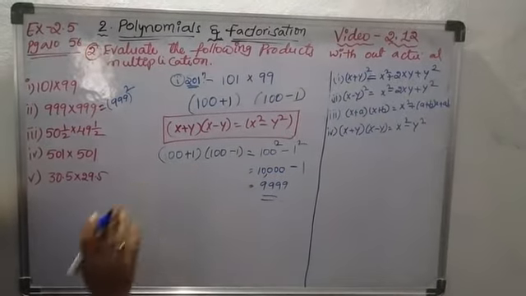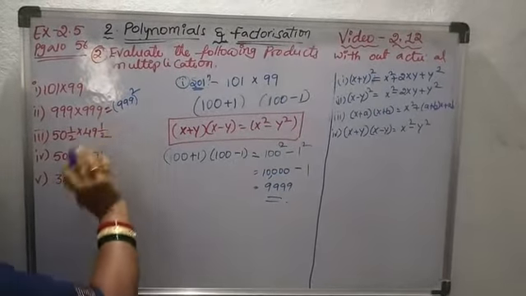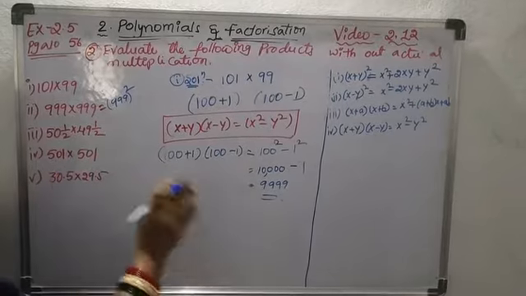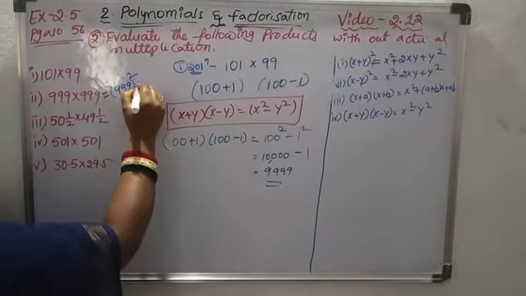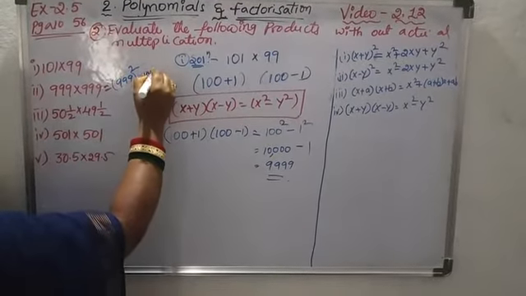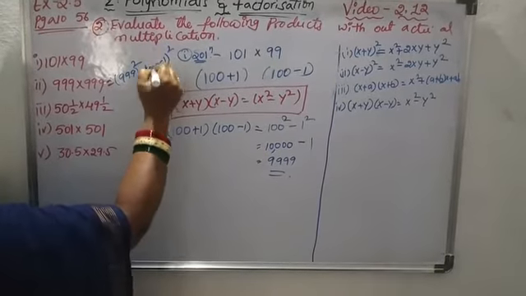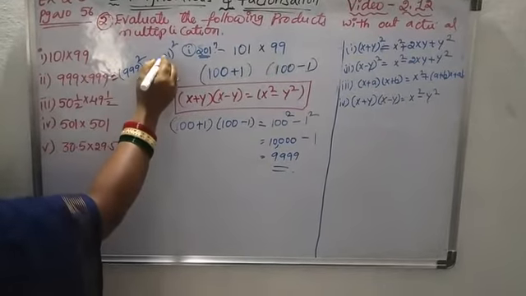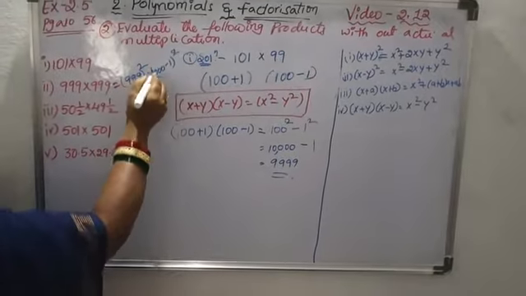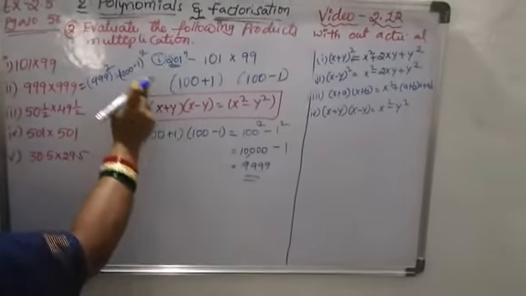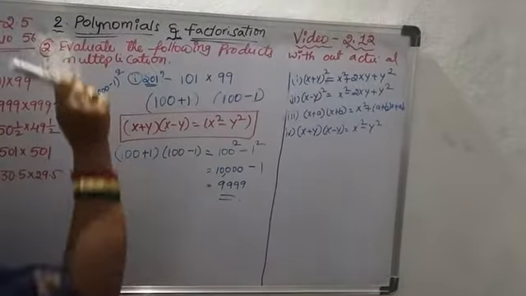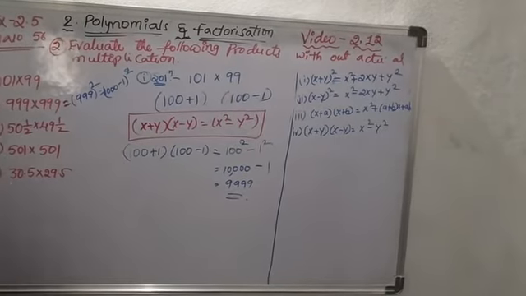We have to go with the algebraic identity. For that we have to divide the given number into two values, one is x, another one is y. For that I am writing this as 1000 minus 1. 1000 minus 1 is nothing but 999, right? So 1000 minus 1 whole square. We have the x minus y whole square formula. By using it you will get the answer.